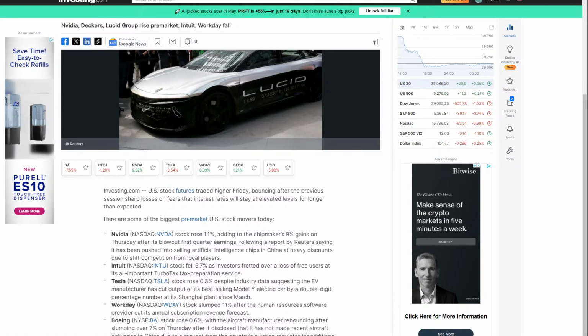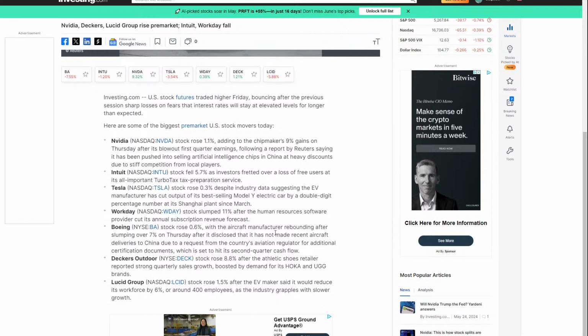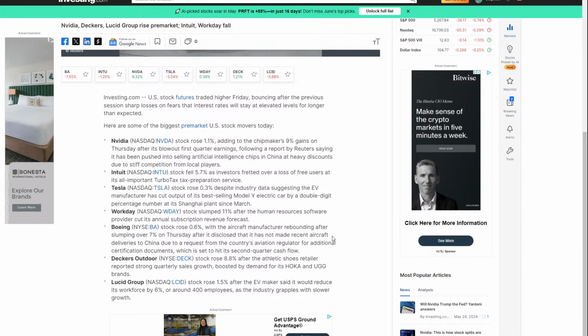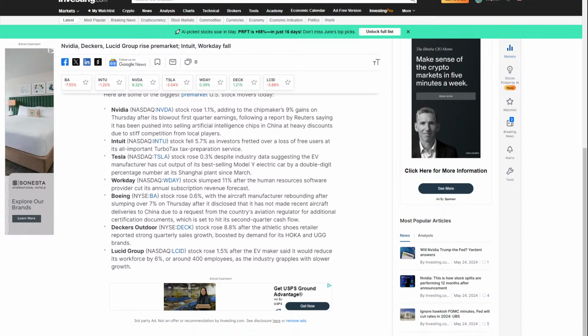Now, a little bit of news here. Nvidia is still pushing up. Now, Nvidia, they're having a 10-to-1 stock split. Okay, so that stock right now is going to be worth around like $100 when the split happens, and I believe that split happens June 10th. So that's going to bring more people to buy Nvidia.